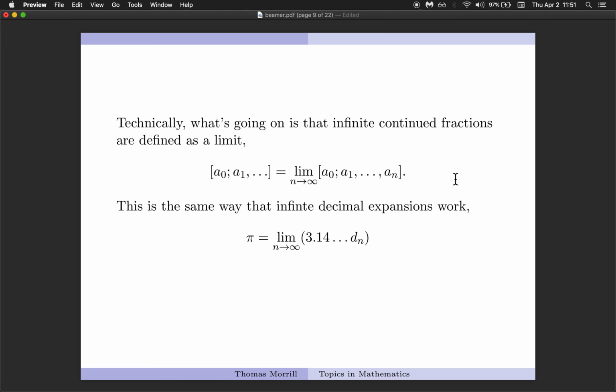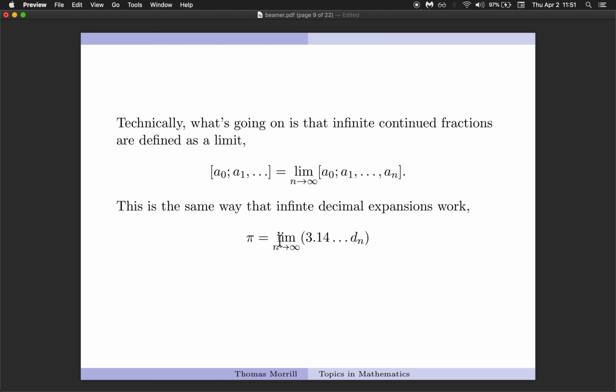This is exactly the same way that infinite decimal expansions work. The mathematical constant pi is an irrational number, and when we say that pi has an expansion 3.141592635 and all the rest, really I'm saying that pi is the limit of these particular rational numbers. I pick some n, I go out n places in my decimal expansion, and that's going to be some rational number.